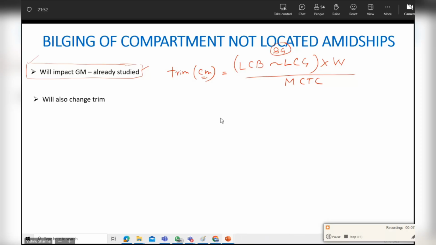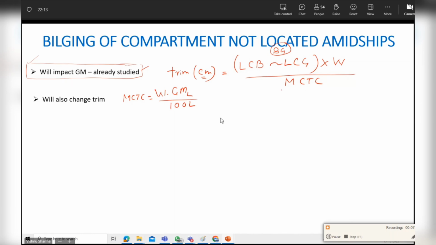We will simplify this formula so that we don't waste time calculating MCTC. So let's have a look at the formula for MCTC. MCTC is W into GML upon 100L.